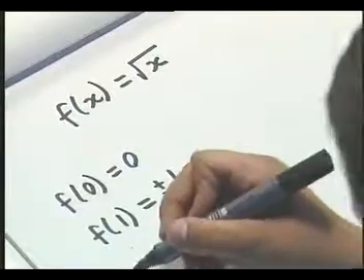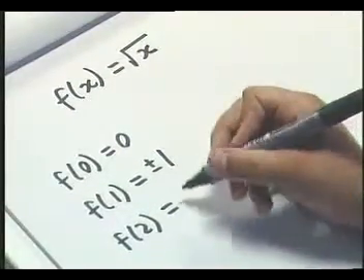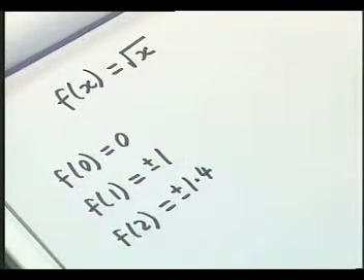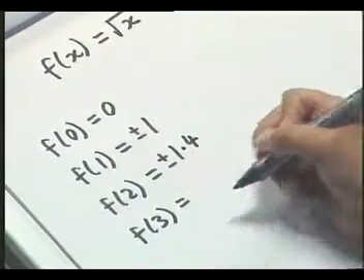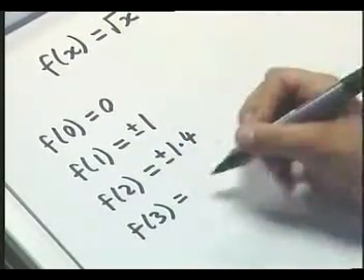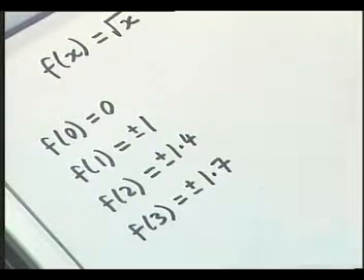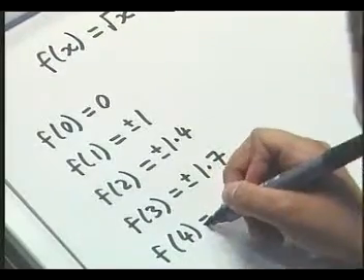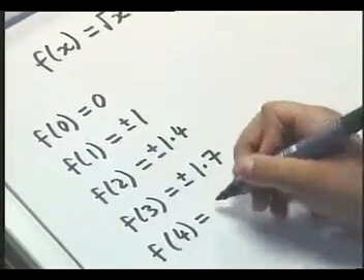F of 2 will give us plus or minus 1.4, just to one decimal place. F of 3, which gives us the square root of 3, gives us plus or minus 1.7. And f of 4 will give us the square root of 4, which is just plus or minus 2.